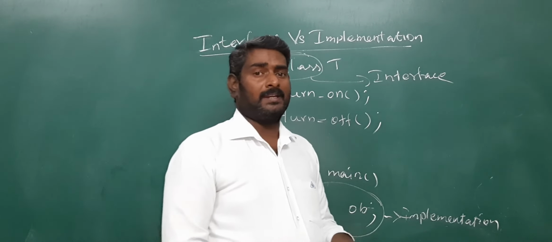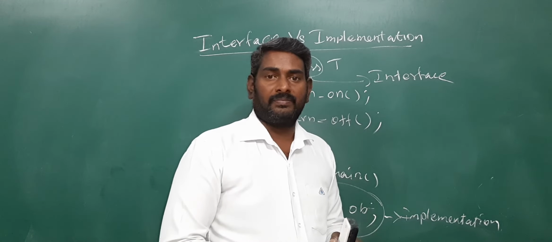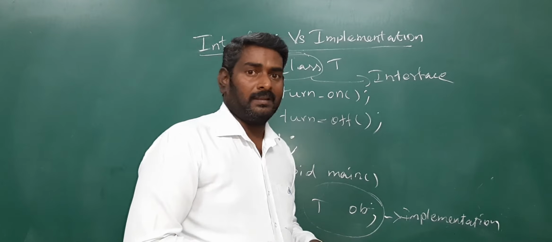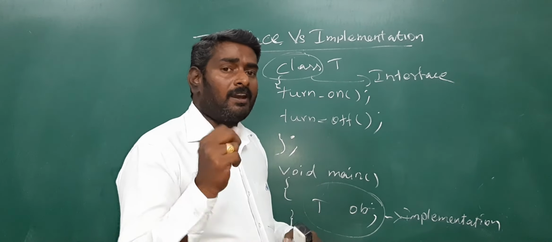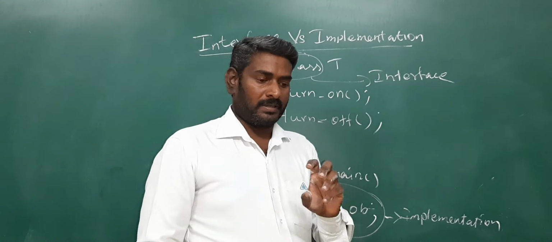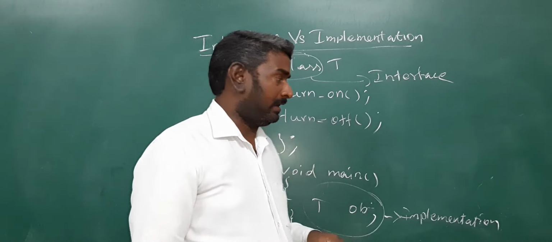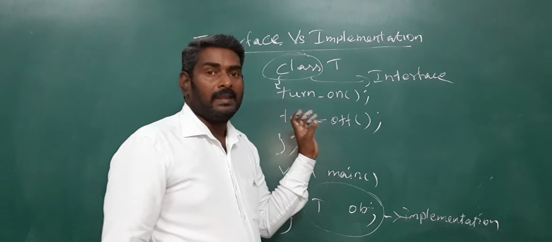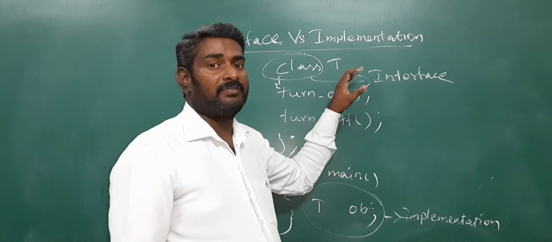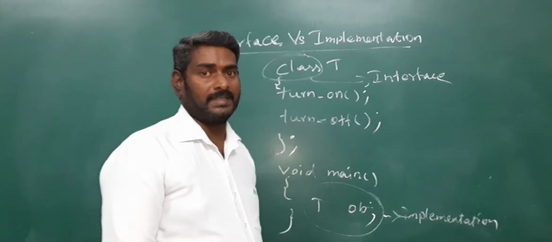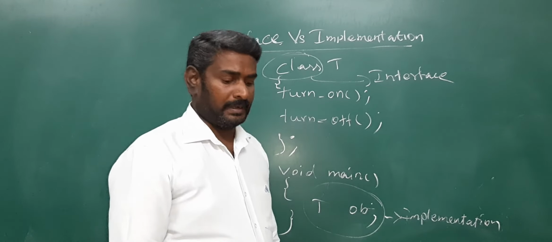That class template specifies the interface to enable an object to be created and operated properly. If you want to create the object and operate it properly, that should be defined by the interface by using the class template. That is the first characteristic of the interface.